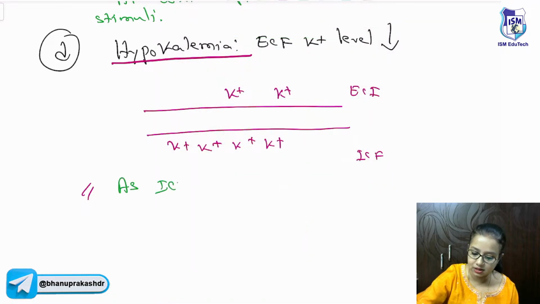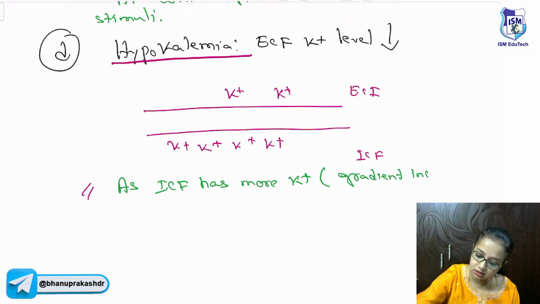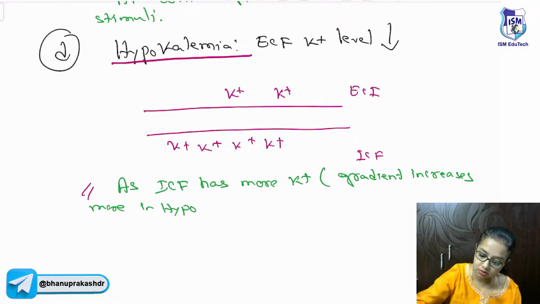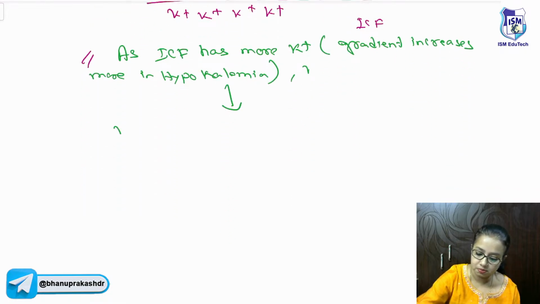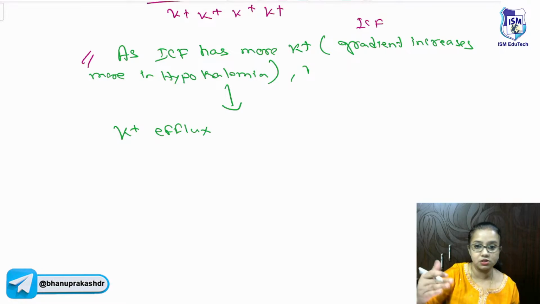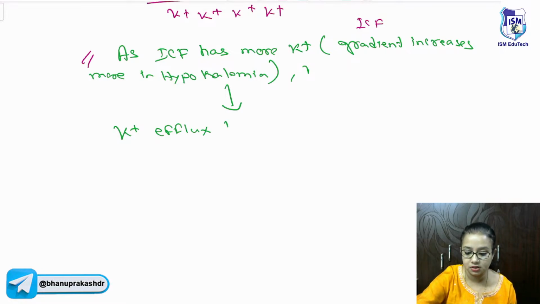As the ICF has more K plus, the gradient increases more in hypokalemia. Then what will happen? Potassium efflux to the ECF will increase, because the concentration is more in the ICF.